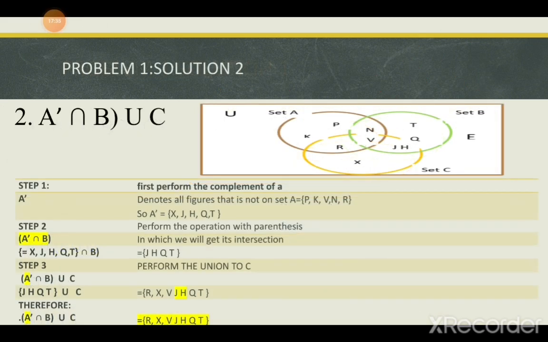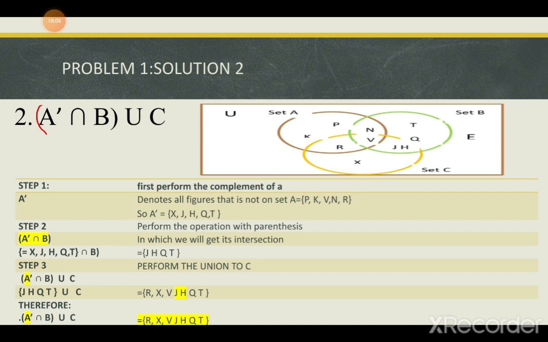Next is your example number 2. We have A prime in the intersection of B, and the union of C. So A prime, or the complement of A, with the intersection of B. After getting the intersection of A prime and B, we will get the union with C. Paano natin babasahin yan ng mas maganda?